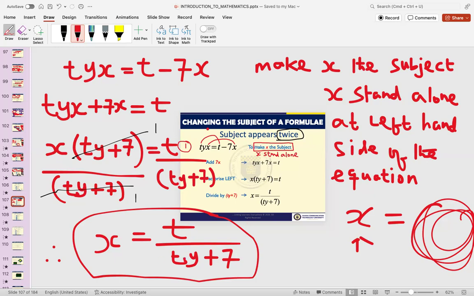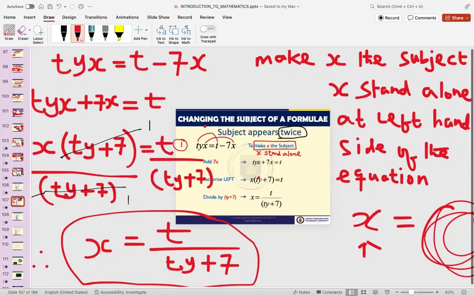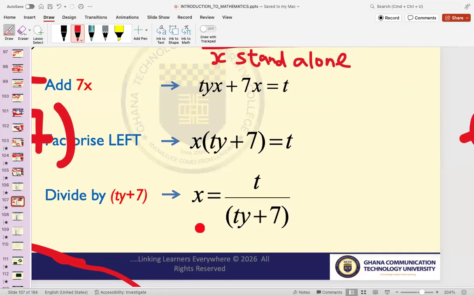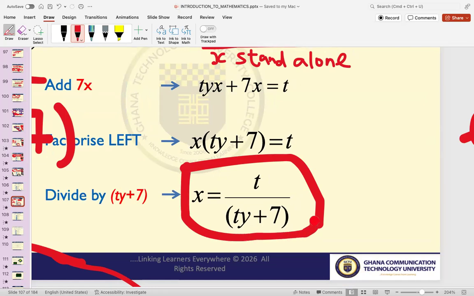X equals T over TY plus 7. And that is what you are seeing in your notes, that finally X will be equal to T over TY plus 7. So take note of that. That's our first example.